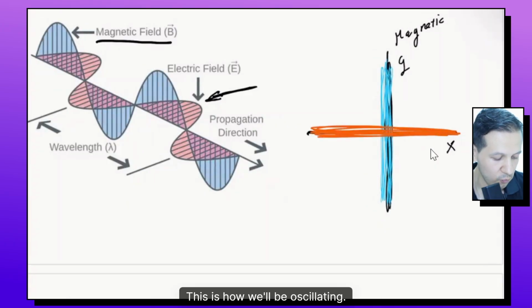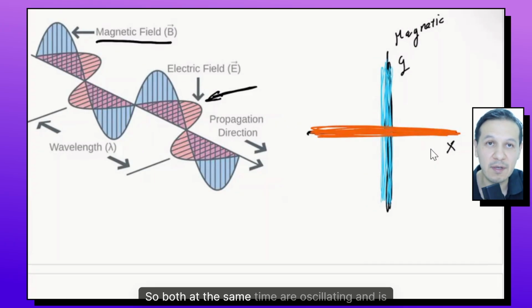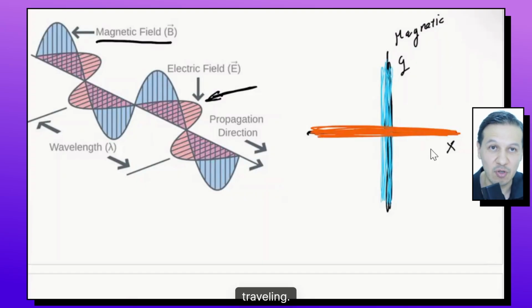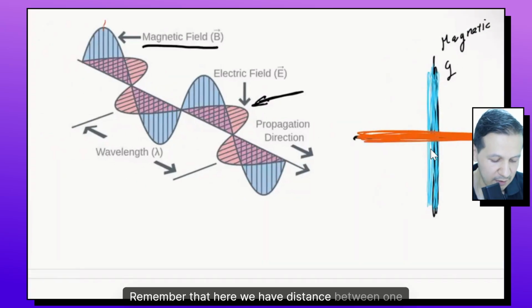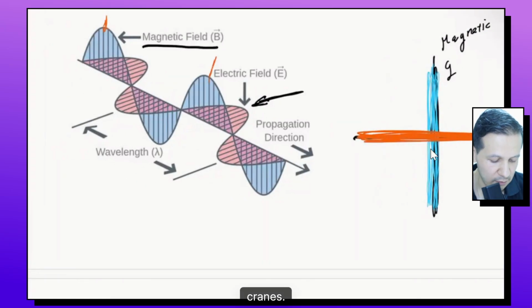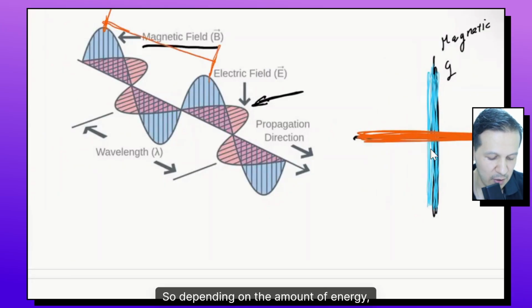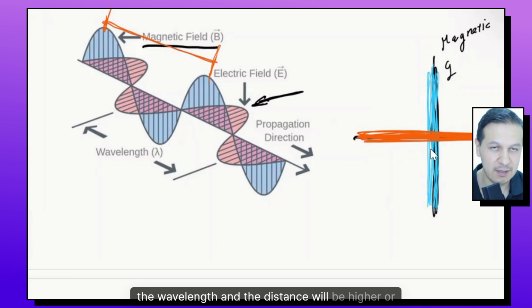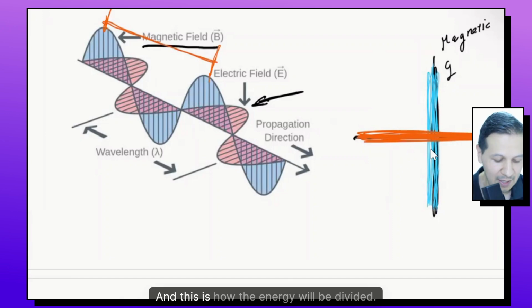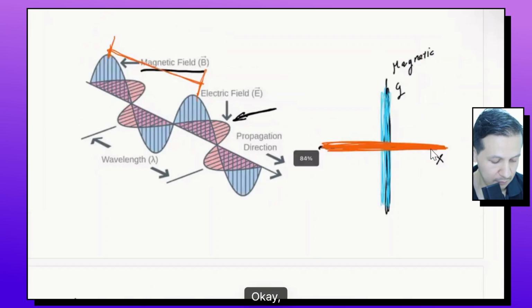Both oscillate and travel at the same time. Remember that the distance between one crest and another crest is the wavelength. Depending on the amount of energy, the wavelength and distance will be higher or lower.